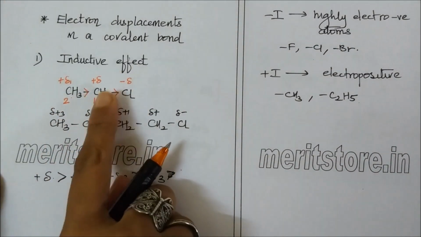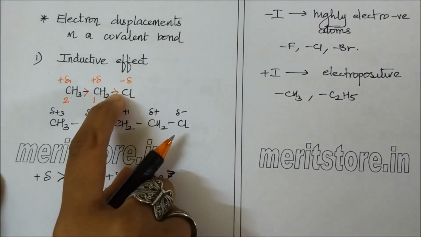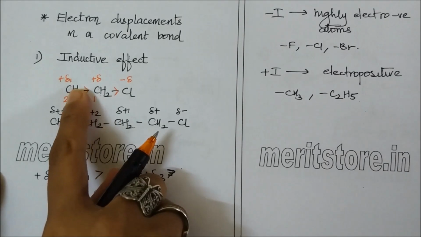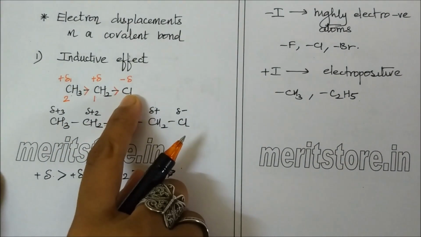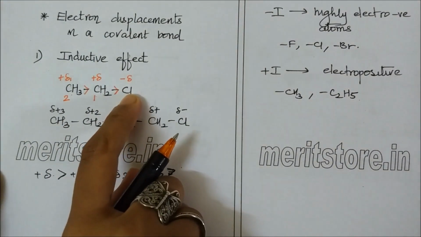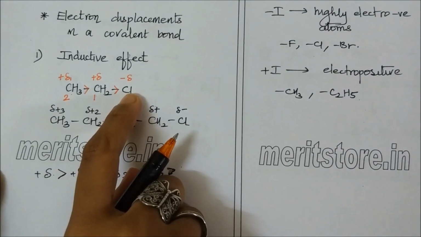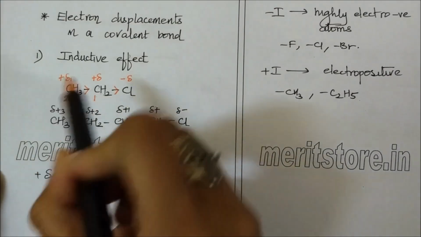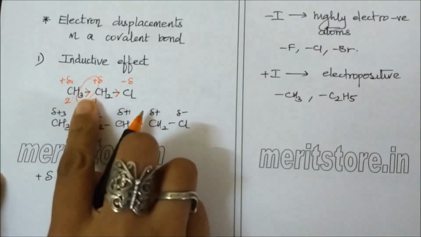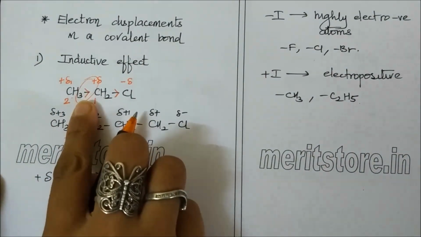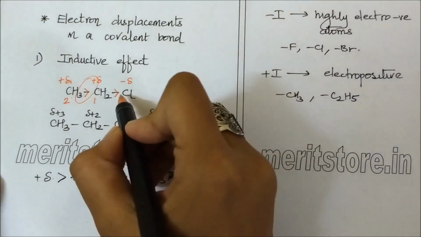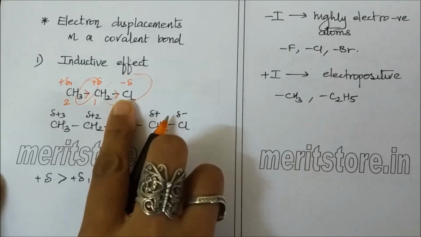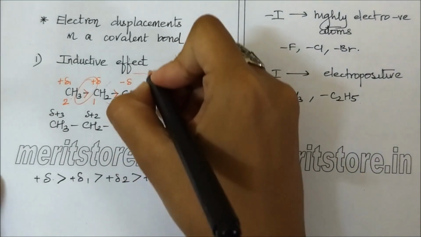Such a polarization of a sigma bond caused by polarization of the adjacent sigma bond is referred to as inductive effect. I repeat, a polarization of a sigma bond, this is my sigma bond, due to polarization of the adjacent sigma bond is referred to as inductive effect.